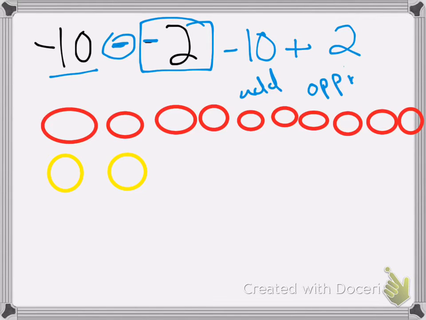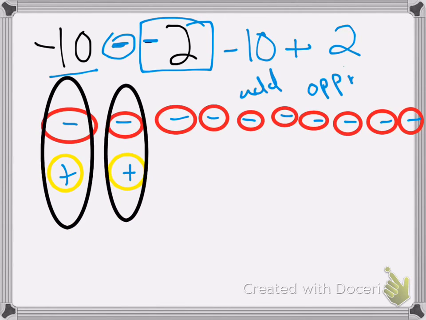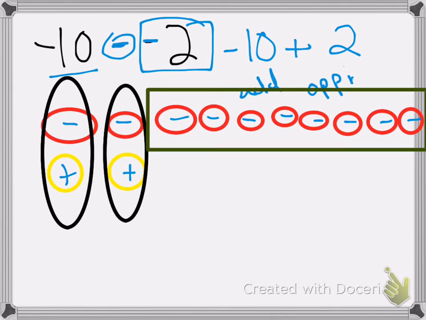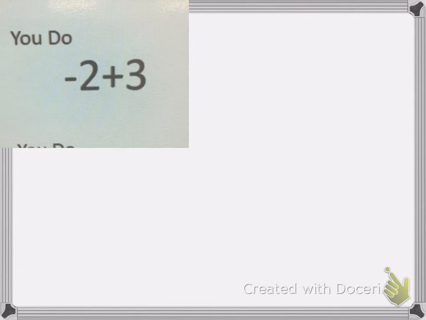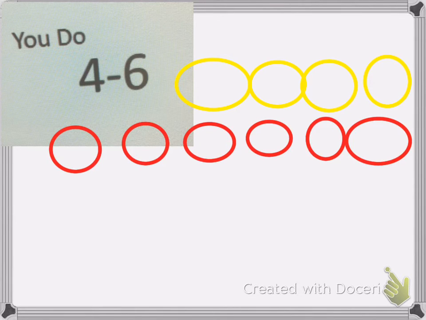Positive 2. Now we've got your negative 10s, and then you've got your positive 2. You got your 0 pairs, a positive and a negative give you 0, and so your answer is what's left, which is negative 8.